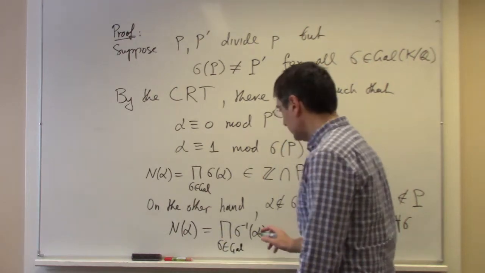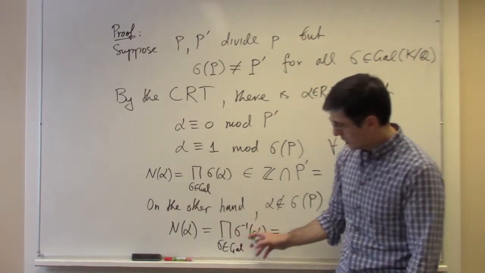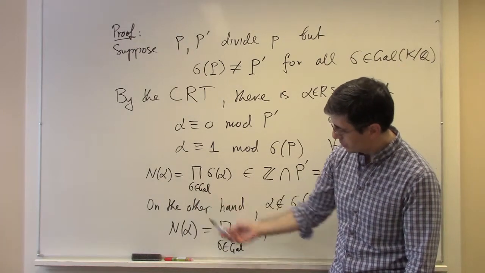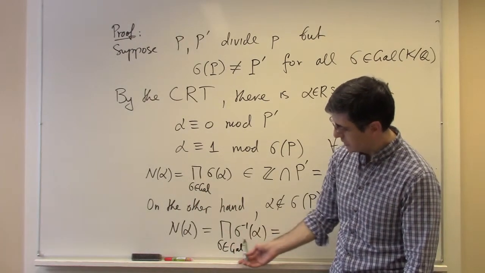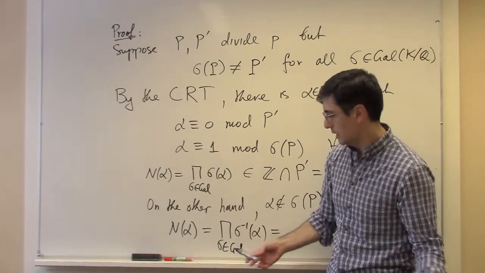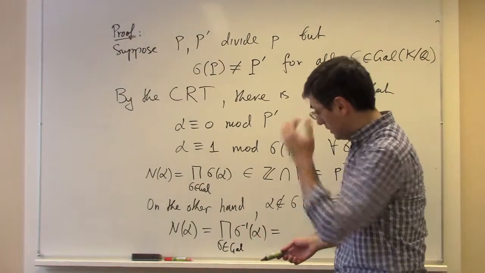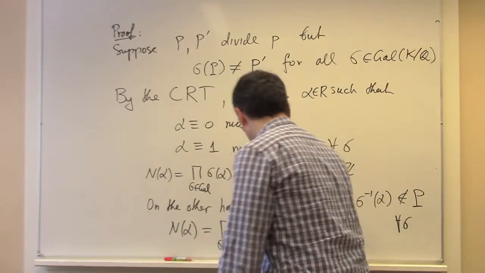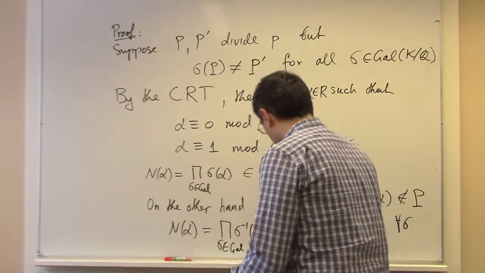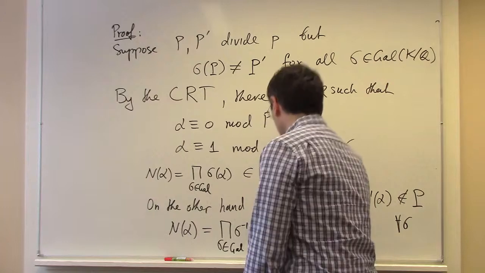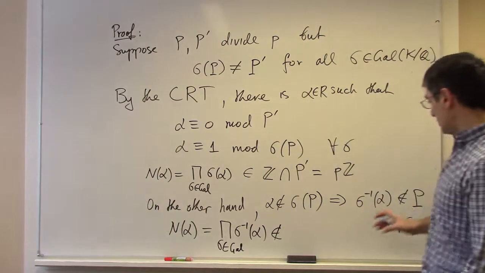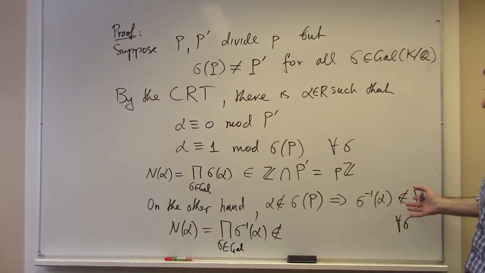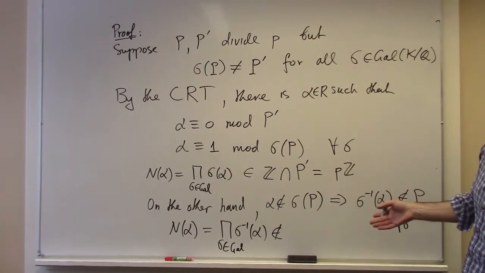So this is the norm, because if you're taking all the elements of the group and you're taking the inverses of all the elements, you still get the same elements. So none of those elements are in P, which, because P is prime, it cannot belong to P.